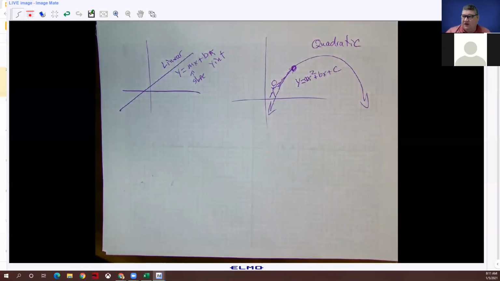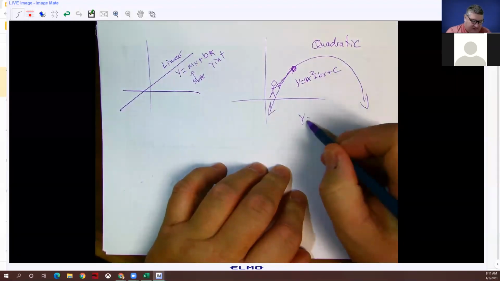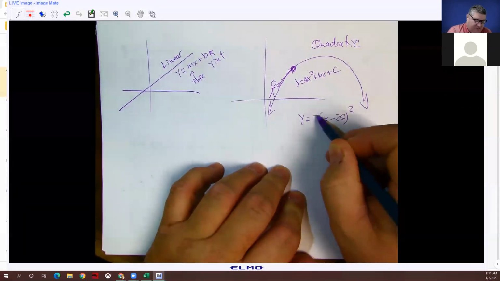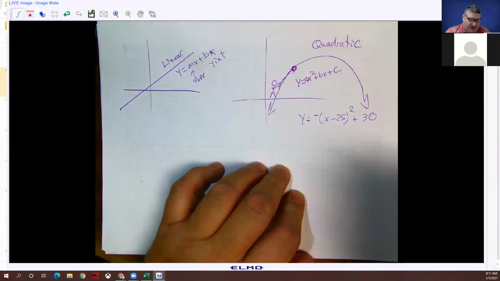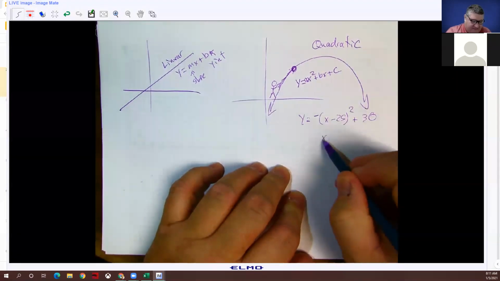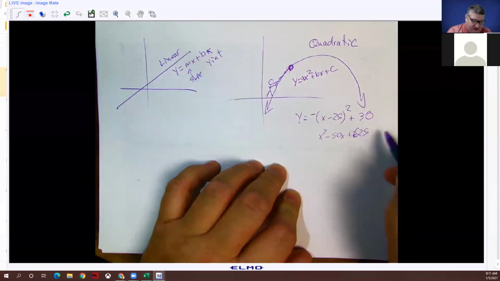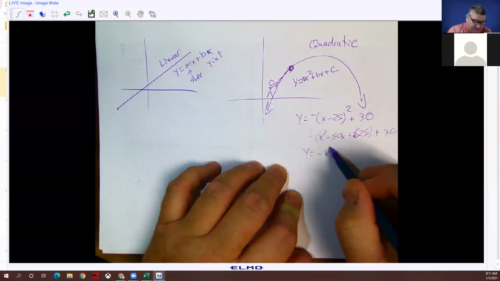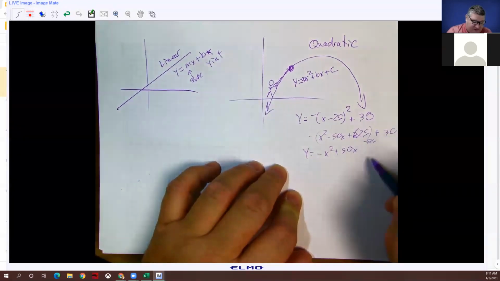In this particular case, y equals something like negative (x minus 25) quantity squared plus 30. When I FOIL it out, I get x squared minus 50x plus 625 plus 30, but that has a negative out front, so y equals negative x squared plus 50x minus 625 plus 30, so it'd be minus 595.